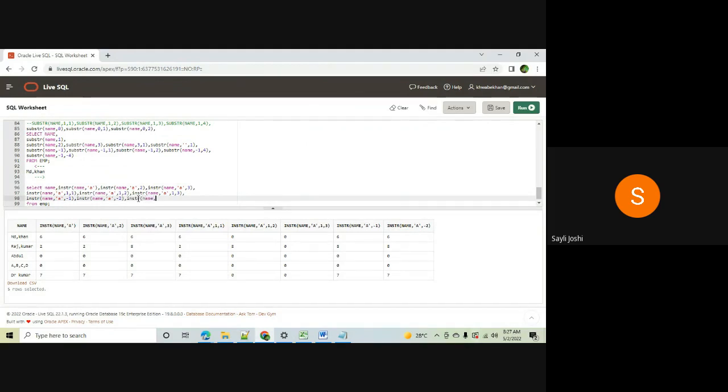Name, comma, 8, comma, minus 3. Concentrate on this first, second, and this third. What is the meaning of this? Or tell me why it is showing 2 here.